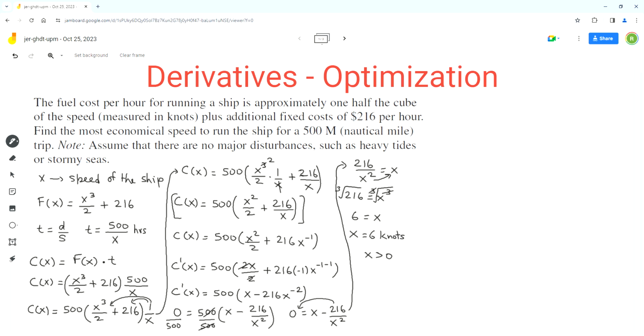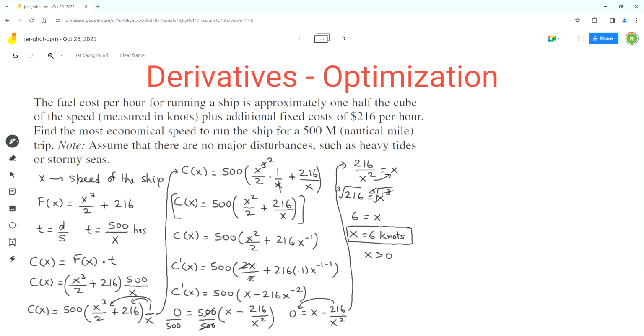Now we cannot sub in x as 0 to find the cost of the trip at x equals 0, because at x equals 0 the ship is not moving. So that means the valid answer for the speed of the ship at which the cost for the trip is minimum is x equals 6 knots.